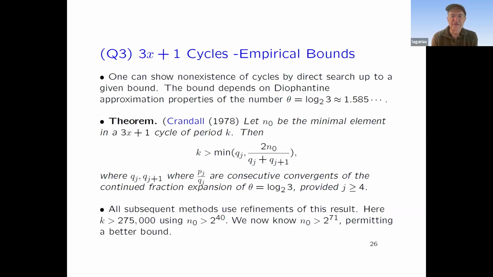And so by using this bound, if you've proved the 3x plus 1 conjecture up to some bound, then you can eliminate small cycles. So I would say that cycles up to 275,000 squared can probably be eliminated at this point. Next slide.